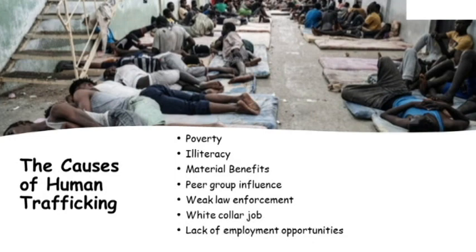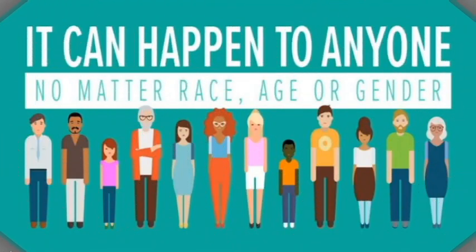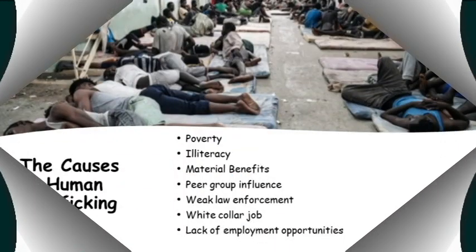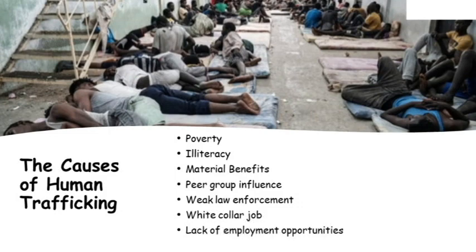The poor parents take cash or money from traffickers in return for their children or child. Though the traffickers might promise them that after they take the child, the child will go abroad, come back to Nigeria and upgrade their standard of living. But the traffickers are only taking advantage of their financial status because they are poor. So poverty is one of the causes of human trafficking.